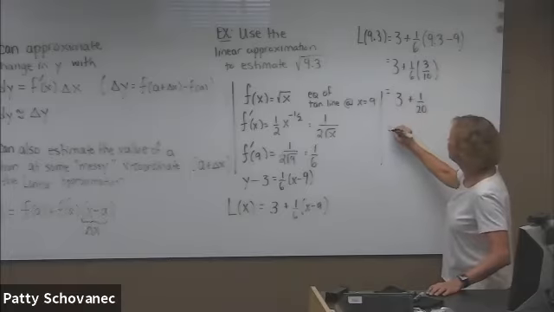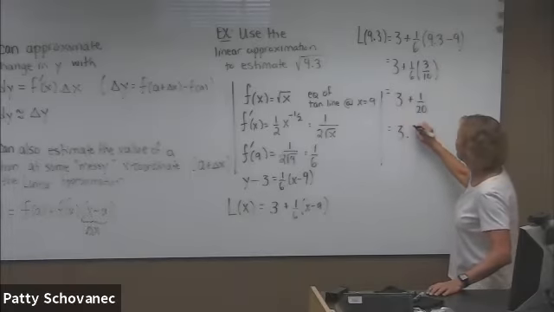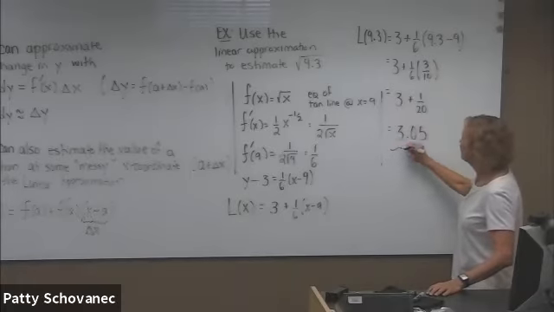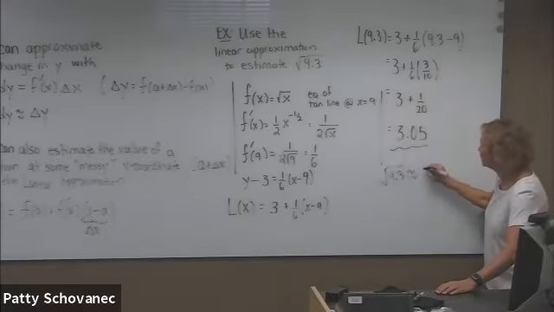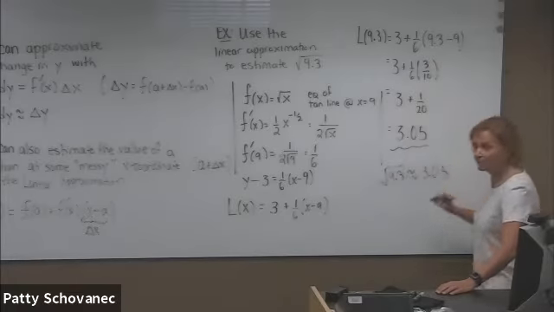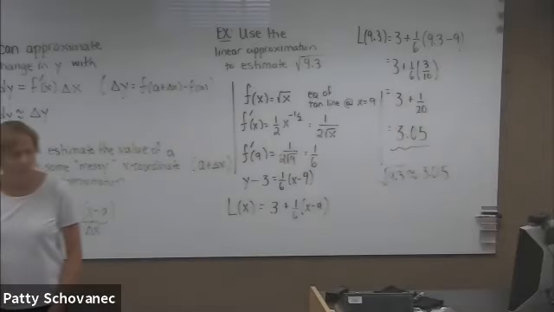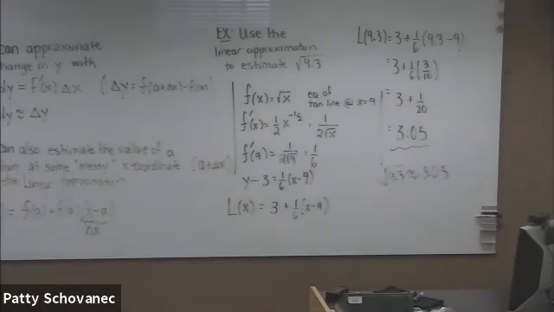And 1/20 is 0.05. So that's saying the square root of 9.3 is roughly equal to 3.05. What's it actually? I don't know. 3.0495. Okay, good for you, huh? Two decimal place accuracy.